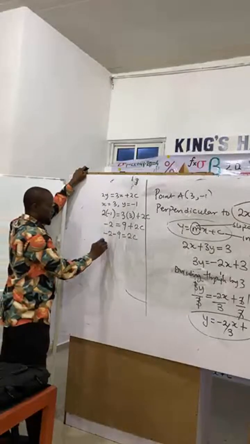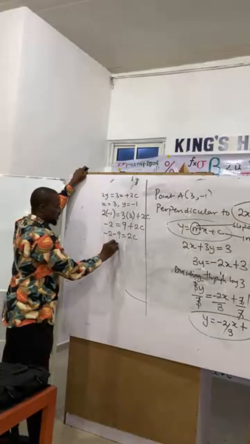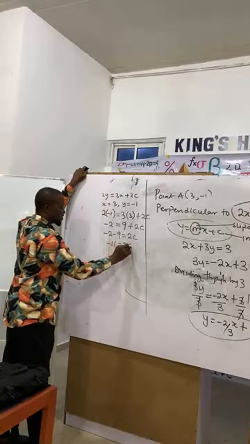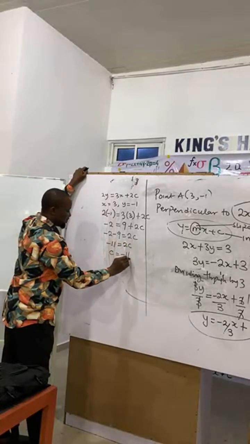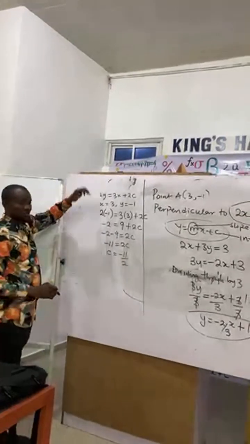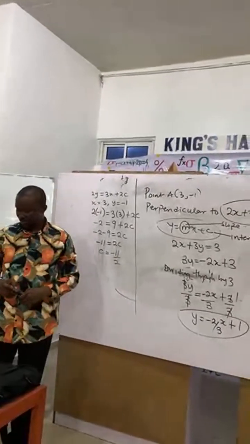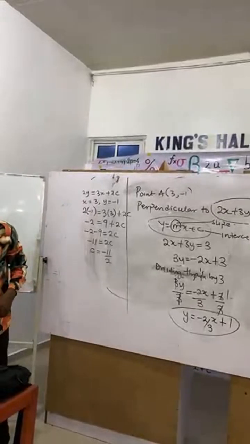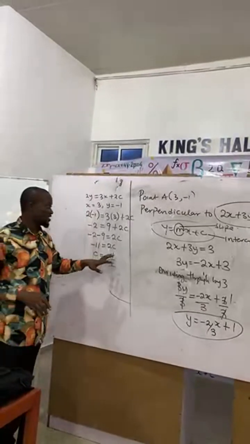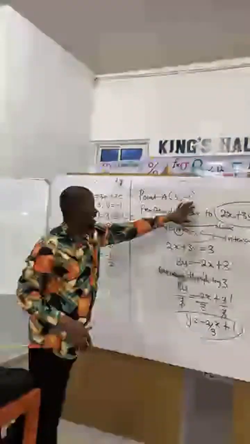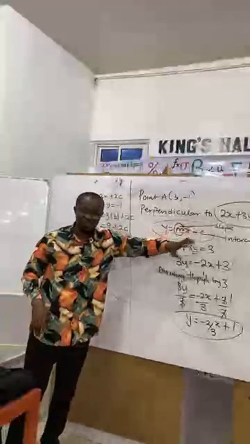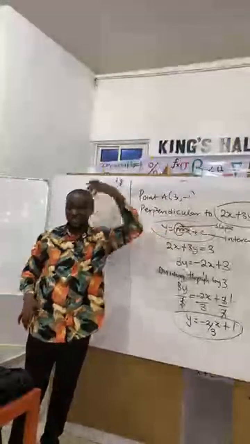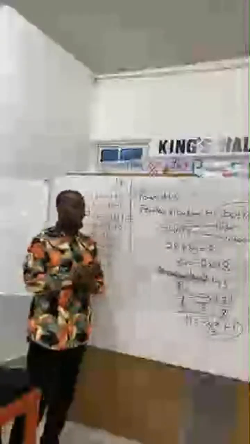So therefore minus 11 equals 2c. And my c will now be what? Minus 11 over 2. So since we are able to get the value of c, we can now substitute x, y, and c in this expression and get the corresponding equation we are looking for.